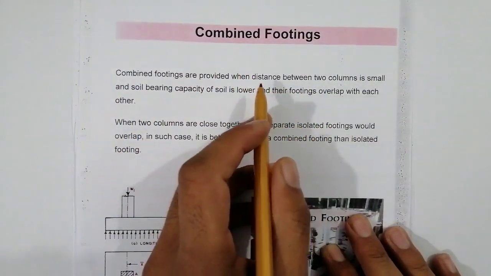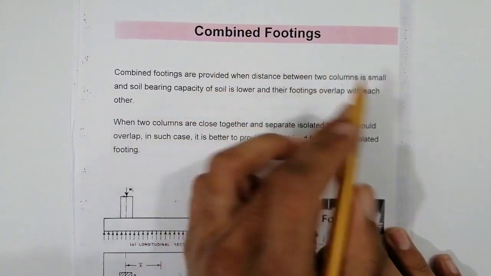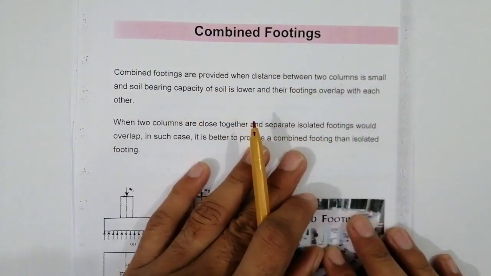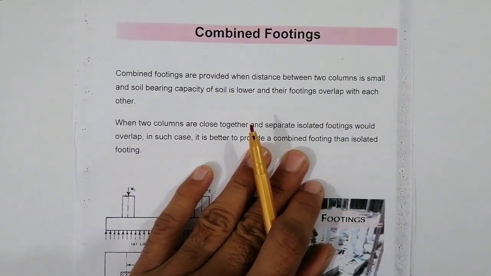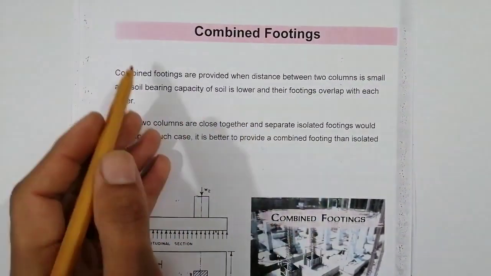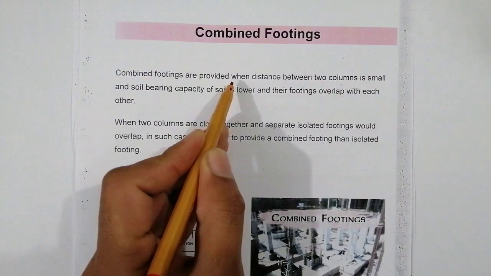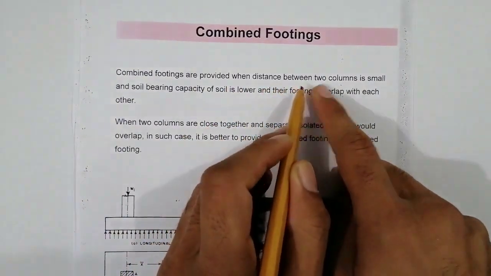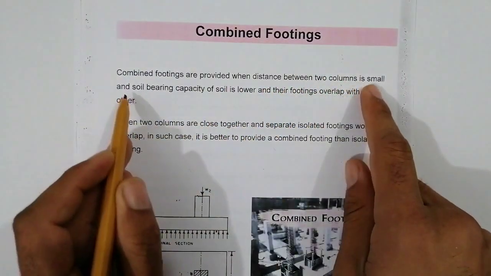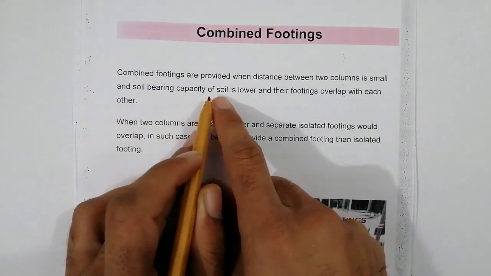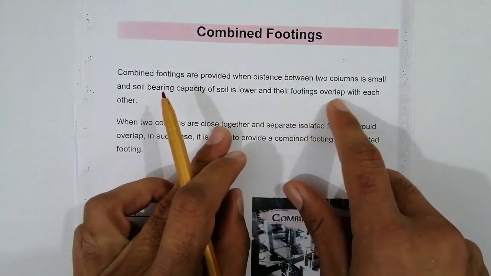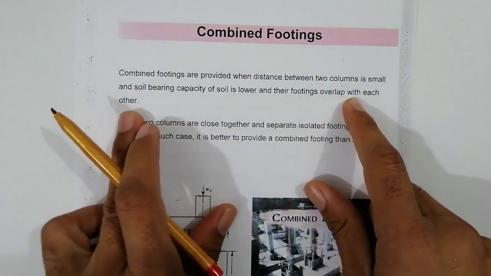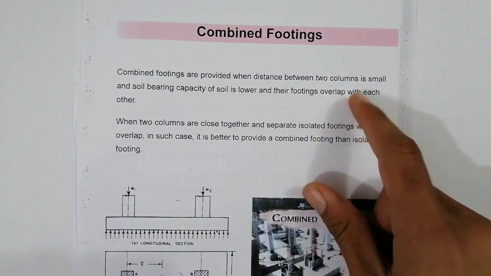Okay, let's start guys. The topic is what is a combined footing in foundation. Let me focus the camera. Yes guys, combined footings are provided when the distance between two columns is small and the bearing capacity of the soil is lower, and their footings overlap with each other. How?